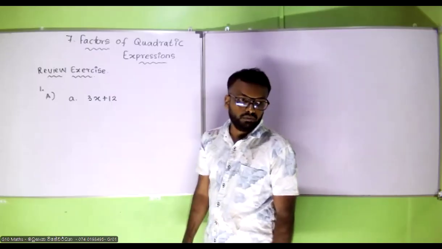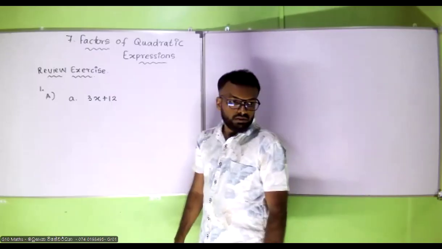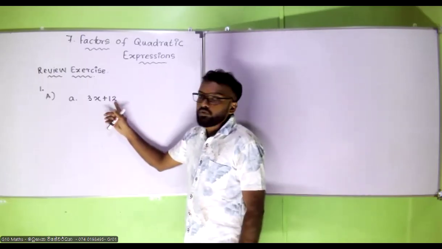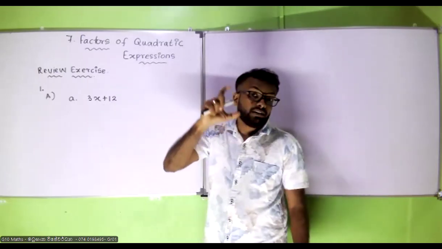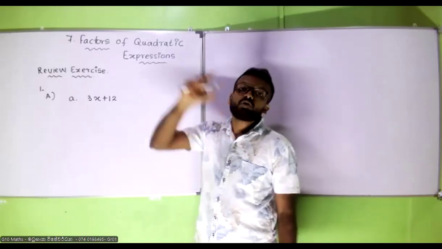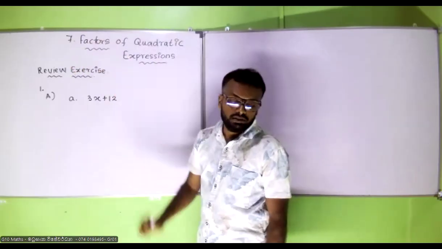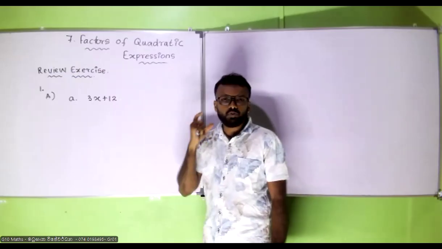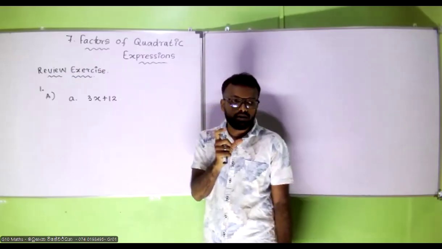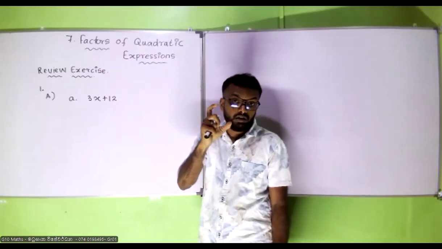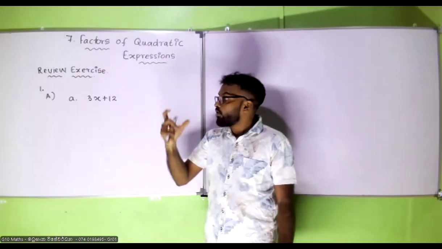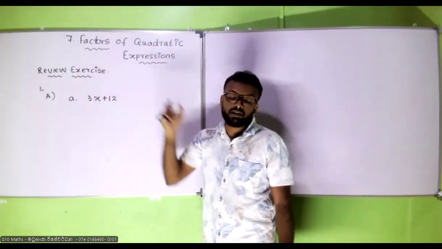So you can take 3 out as a common term from the brackets. What is the meaning of that? You are taking some common term or common factor out from an expression, and that is called a factor.